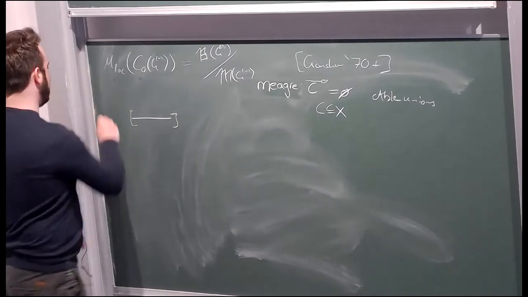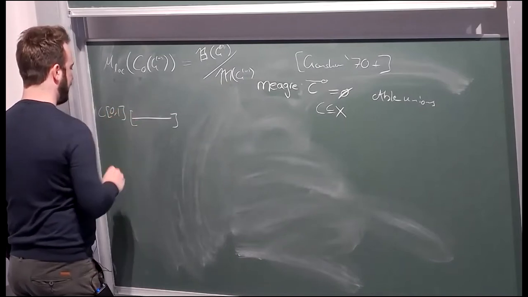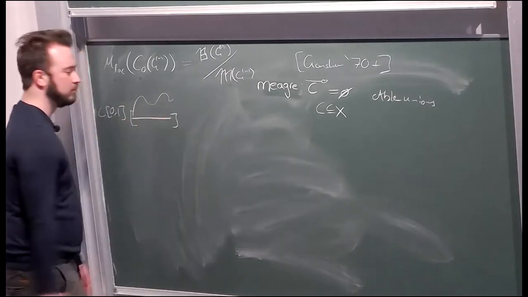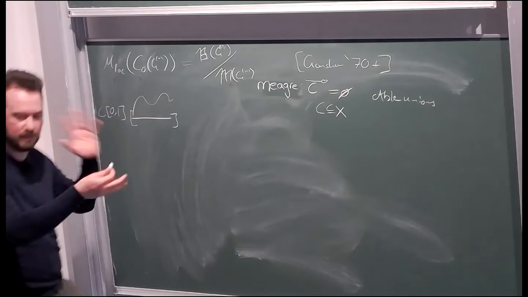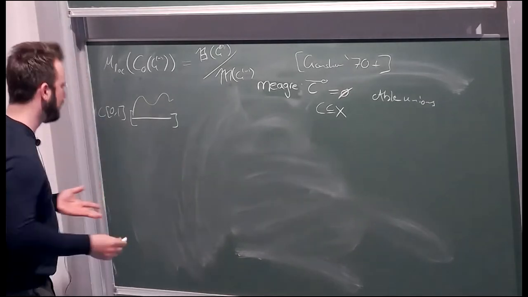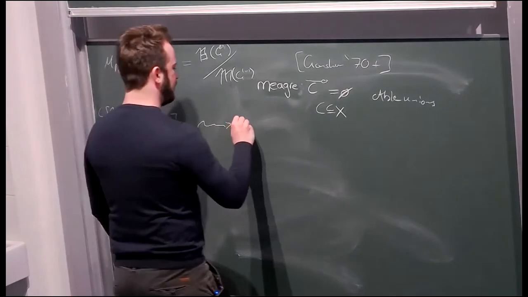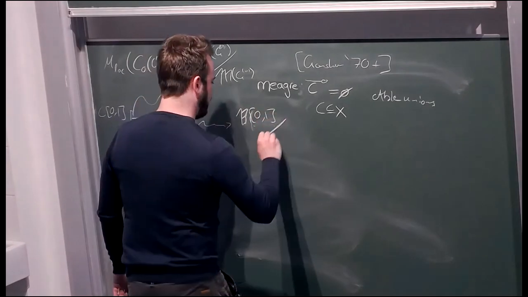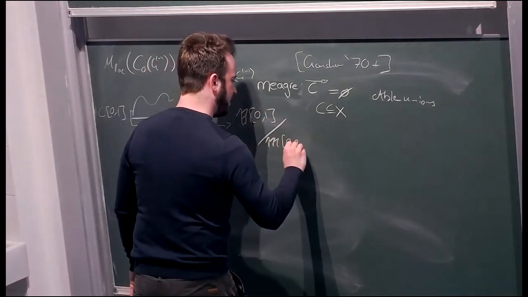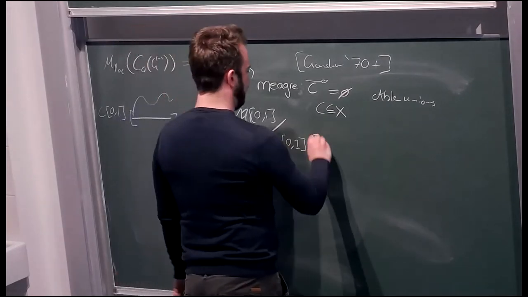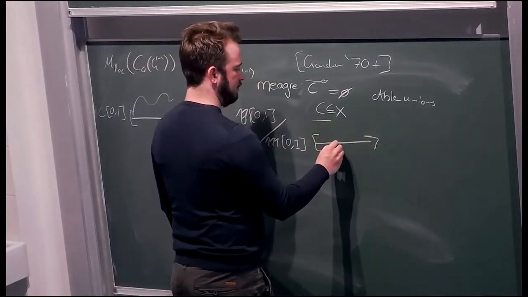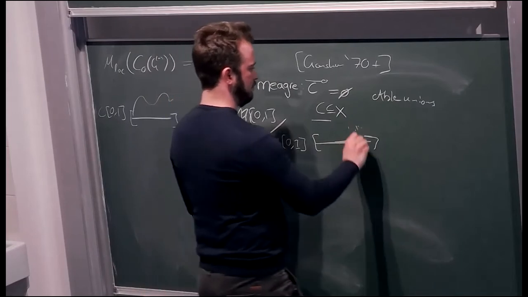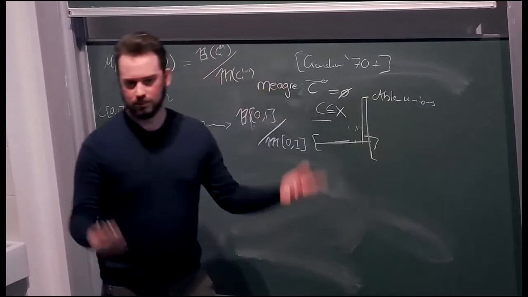So you've gone from continuous functions on the interval to something else. I could take a nice continuous function and make it super jagged, like a Weierstrass function. I can have very disgusting but continuous functions. But then when you go to the Borel mod meager, all bets are off.